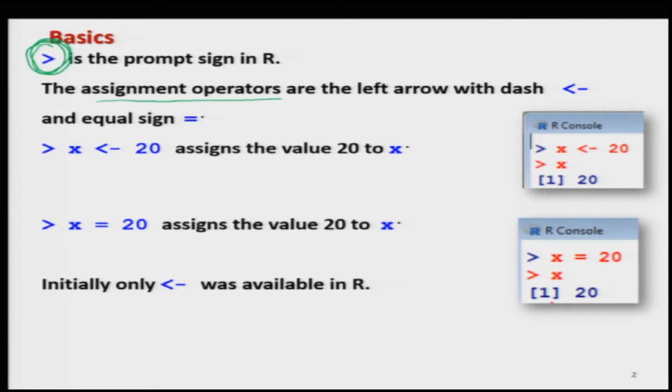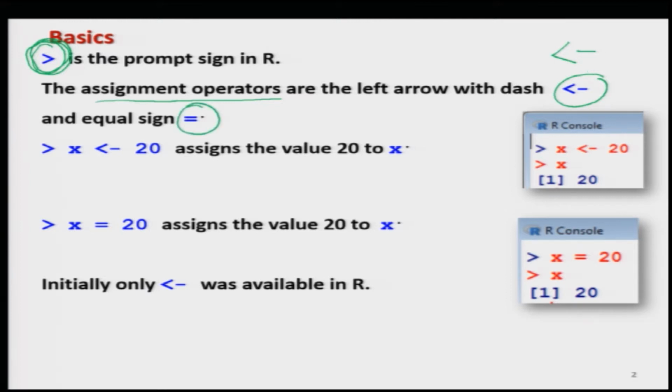One assignment operator is the sign less than and hyphen. This looks like a left arrow, a dash. And the second option is that instead of writing this left arrow sign, you can write simply the equality sign.